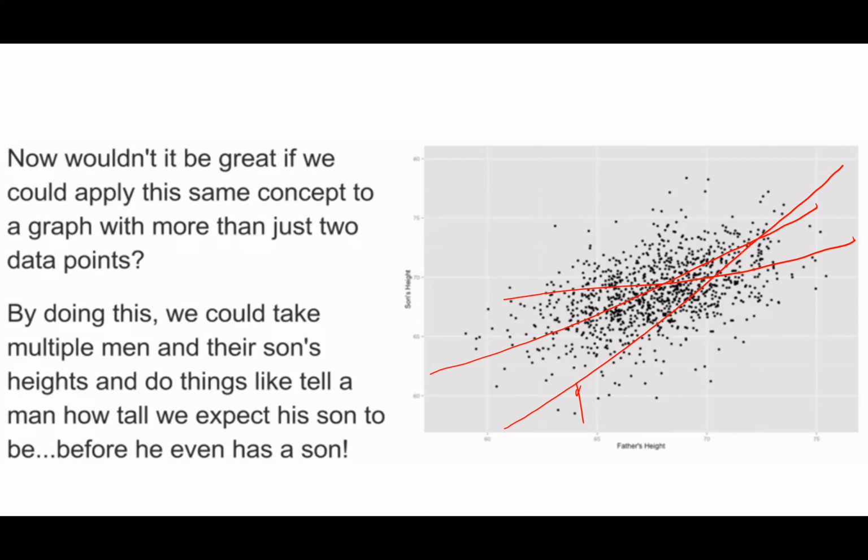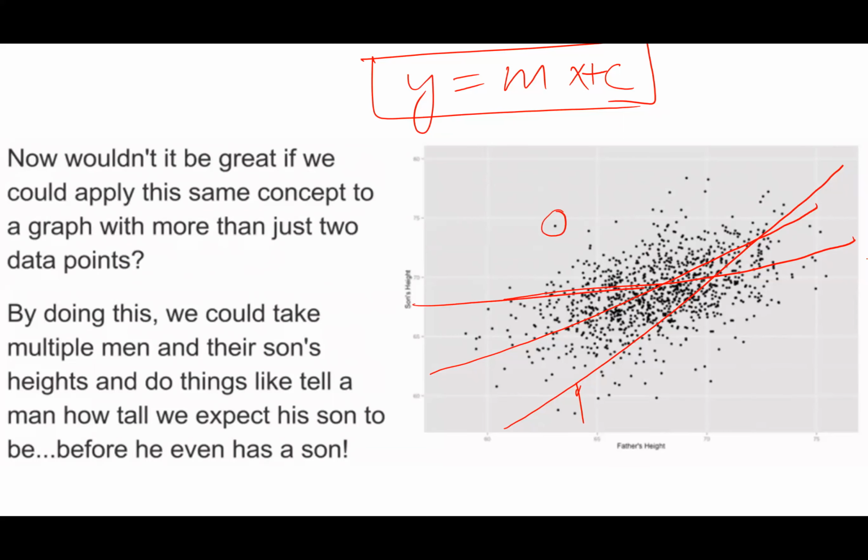And how we decide which line is best is by using simple mathematics. So y is equal to mx plus c. If I take any point in my data set, and my chosen line is this, my model is saying the height, or this parameter value, should be this one at this particular x.